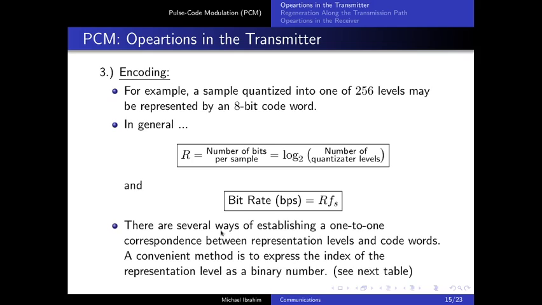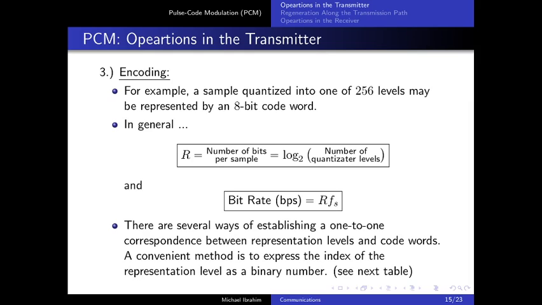There are several ways of establishing a one-to-one correspondence between the representation level and the code word. The output of a quantizer is in the form of a representation level, V1, V2, V3 up to VL, if you go back to the previous lecture. And now we have a binary code word, and a convenient method is to express the index of this representation level as a binary number. So if you are using level V1, you will just encode 1, which is 0, 0, 1.